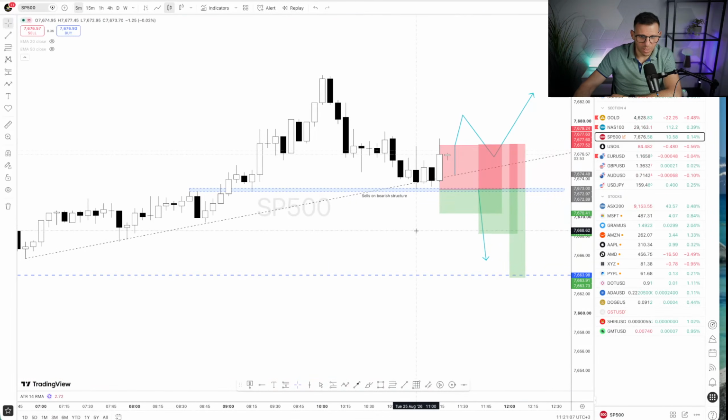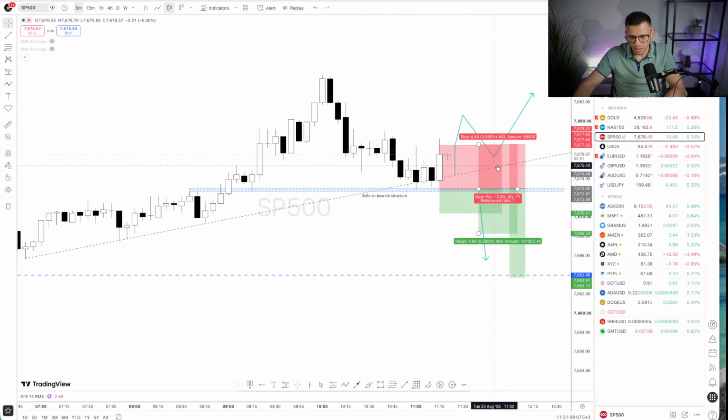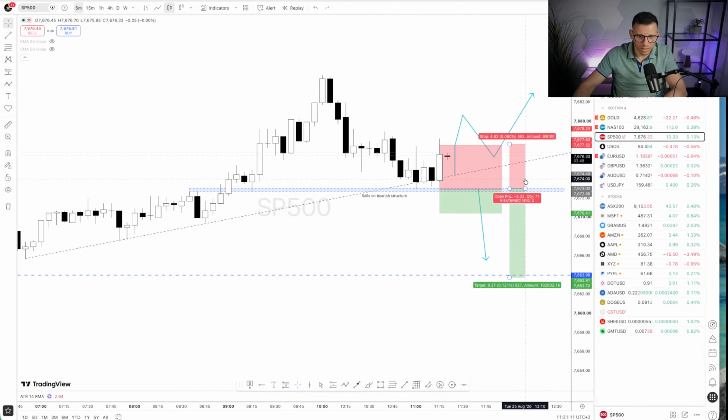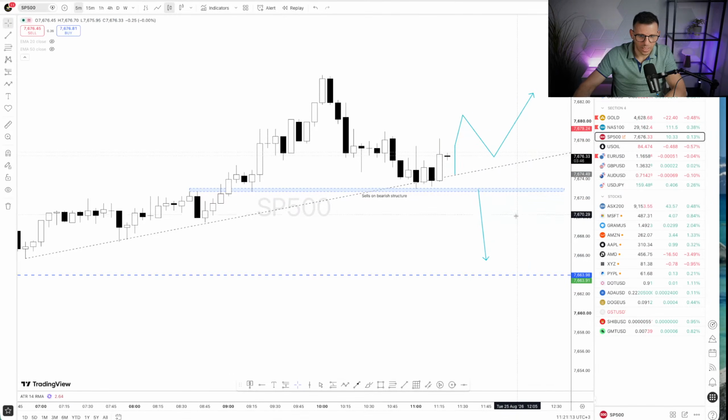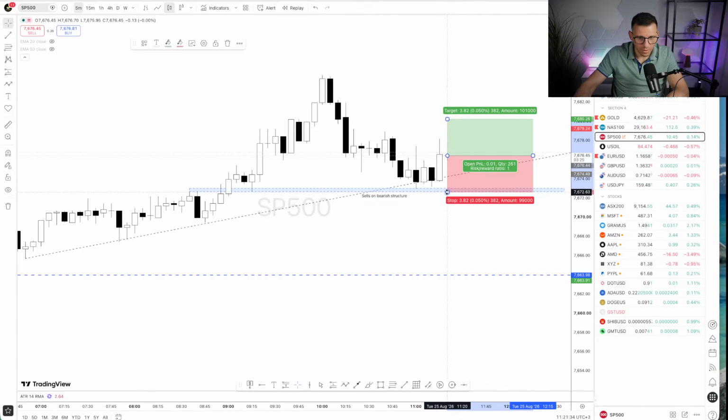So we broke above here, and I think we have to credit that to the market. So here it looks like the price stopped, and we have to look for some long positions.